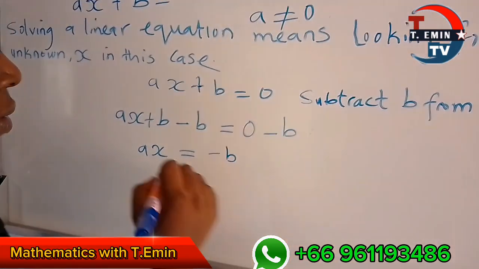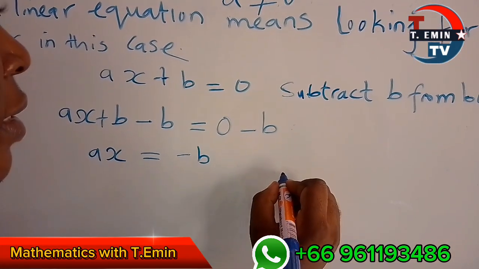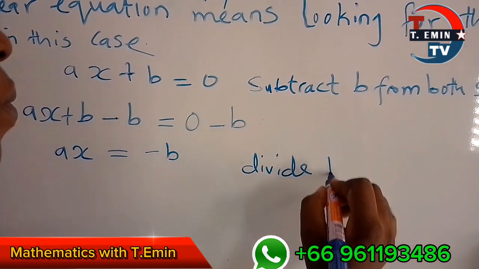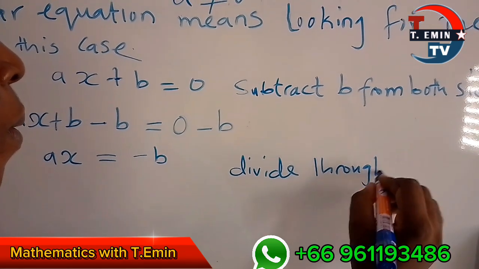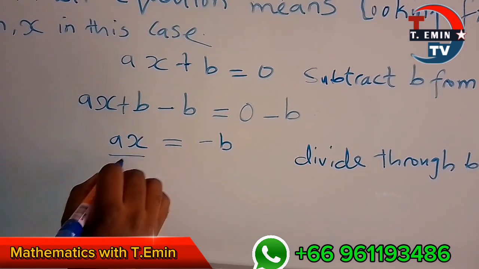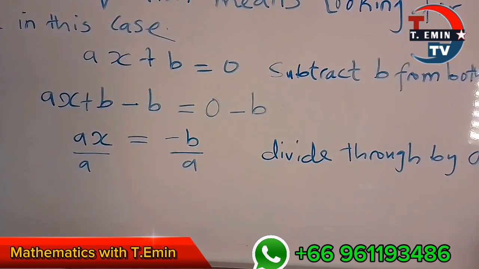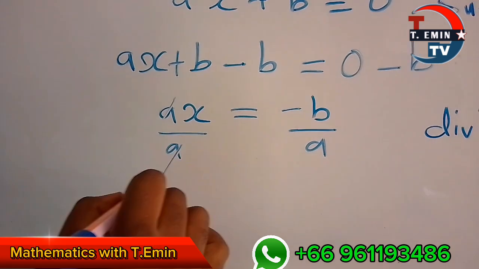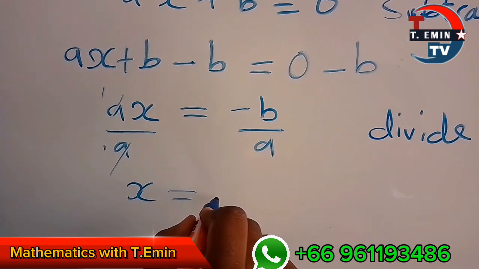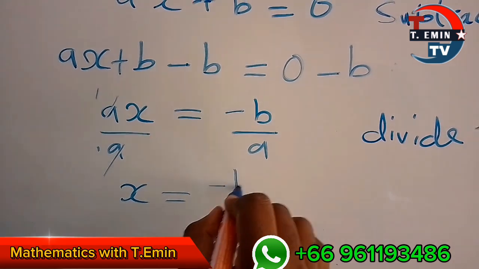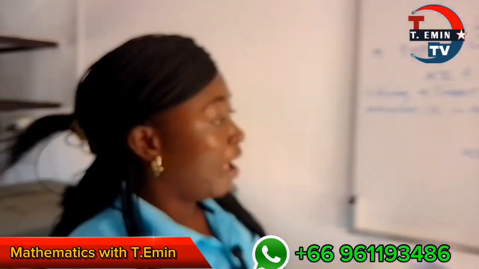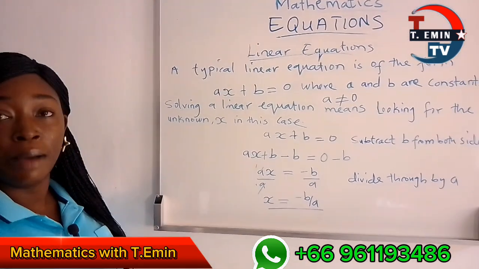So the next thing to do is divide through by a. This cancels out and we are left with x. 1x is just like x. x is the same as negative b on a. So this is our answer. I'm sure you can come out with this now.